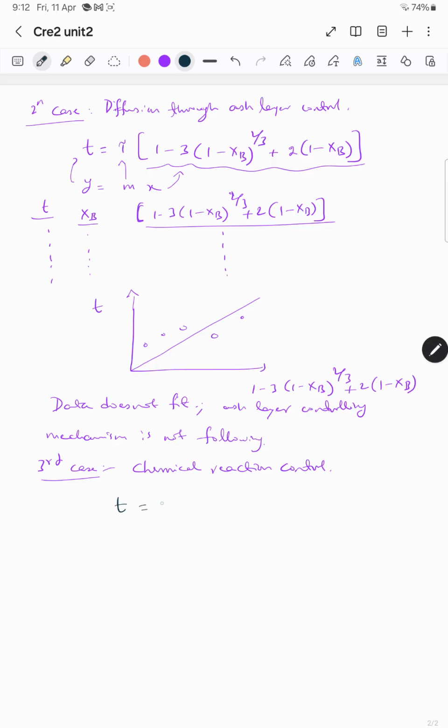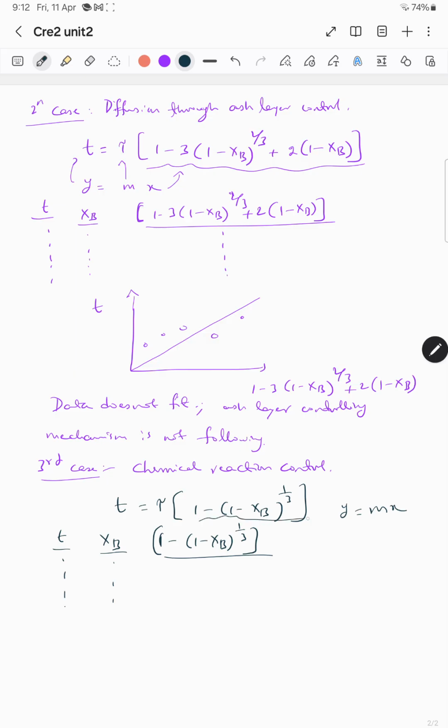It is t is equal to tau into 1 minus (1 minus xb) to the power of 1/3. Again, the data was given as t versus xb. So now you calculate 1 minus (1 minus xb) to the power of 1/3, because this is also in the form of y is equal to mx, where y is t, m is the slope, that is tau, and x is this whole expression.